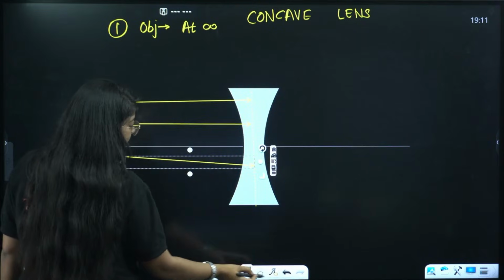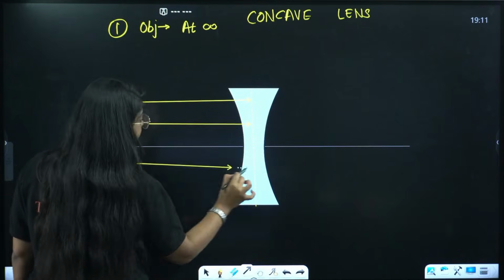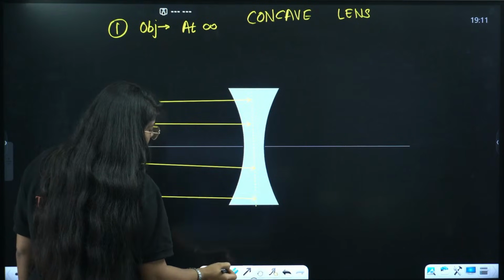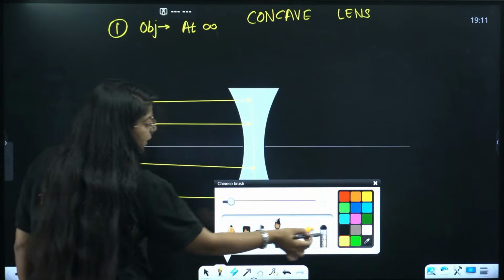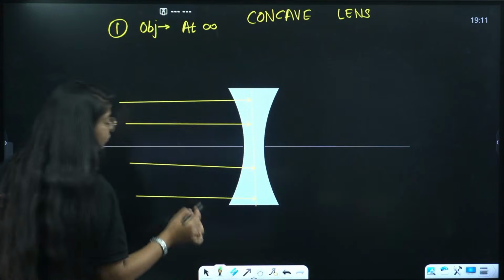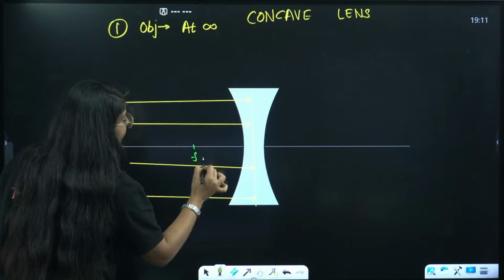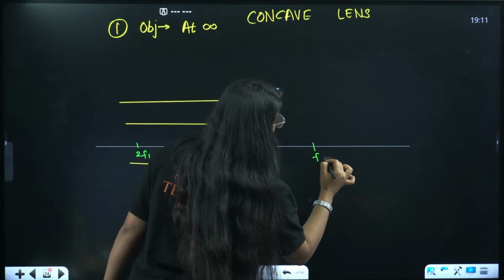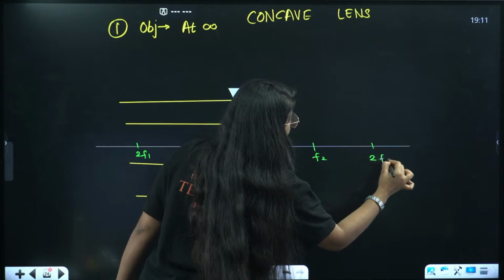Now see very carefully. Okay? Look, in the convex lens we had two cases. This is F1, this is 2F1, this is F2, and this is 2F2.